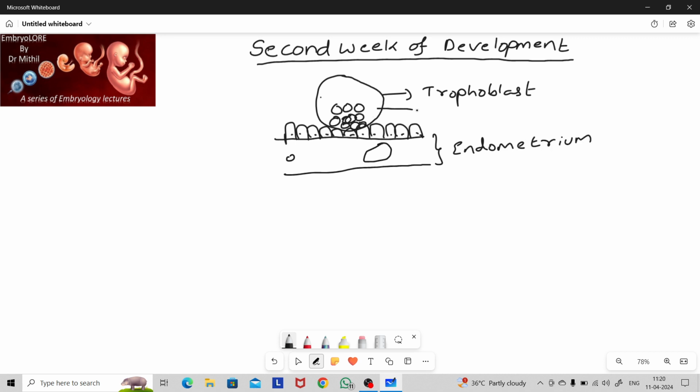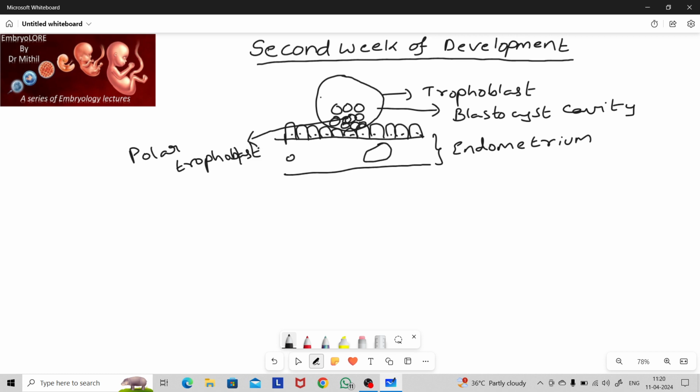And here this is the blastocyst cavity, also called the blastocele, and then this is the polar trophoblast.